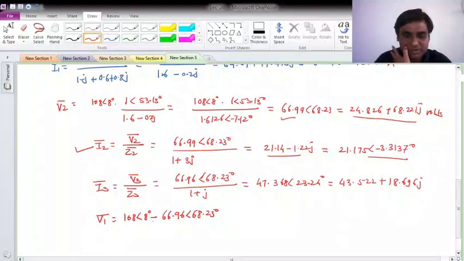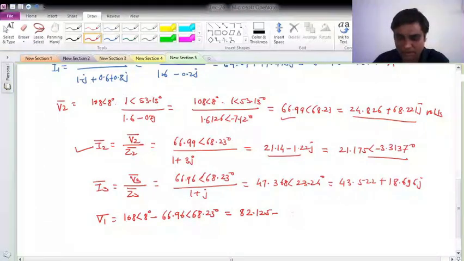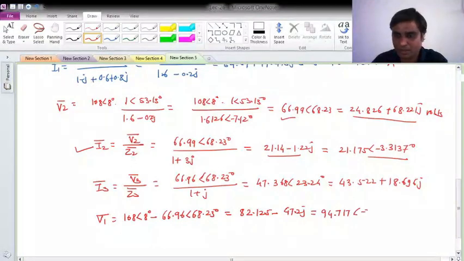For addition and subtraction use the rectangular domain, and for multiplication and quotient it is better to use the polar form. Converting, the rectangular form is 82.125 minus 47.2j, and in polar form it is 94.717 with angle minus 29.88 degrees.